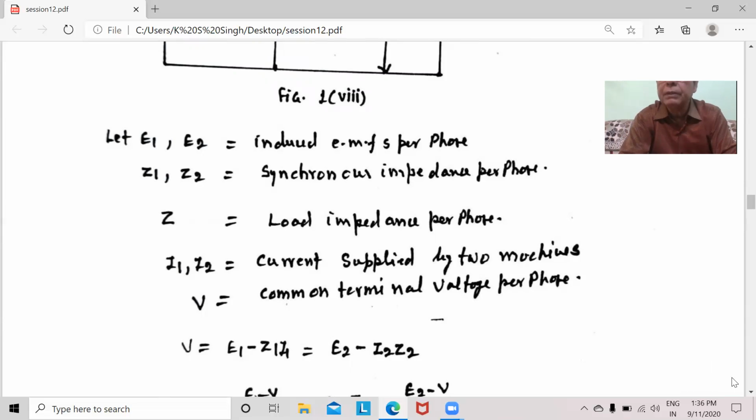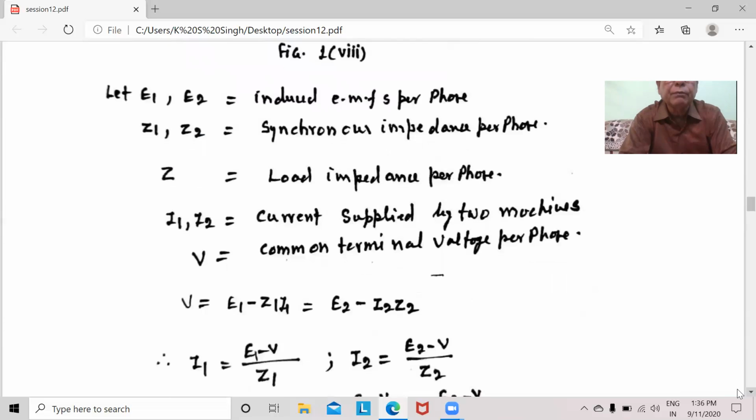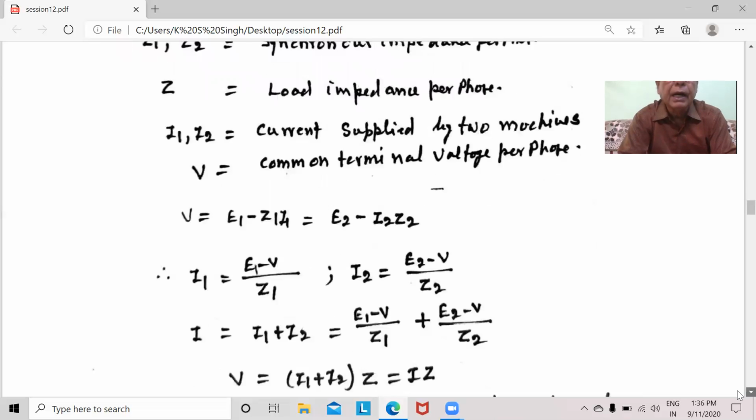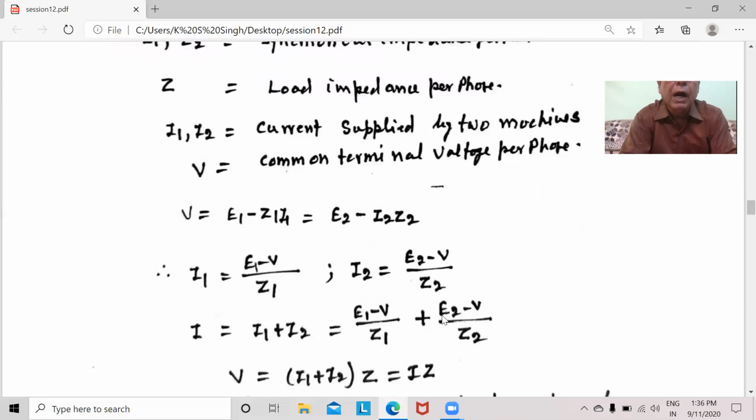V is equal to E1 minus Z1 I1, which is equal to E2 minus I2 Z2. From this equation you can find the value of the load current. Both alternators will share the current: I1 is equal to (E1 minus V) upon Z1 and I2 is equal to (E2 minus V) upon Z2, and the total load current will be I. I is equal to I1 plus I2, equal to (E1 minus V) upon Z1 plus (E2 minus V) upon Z2.